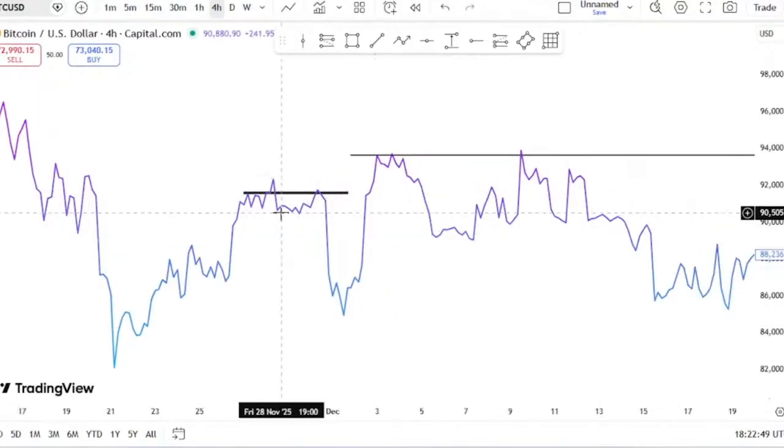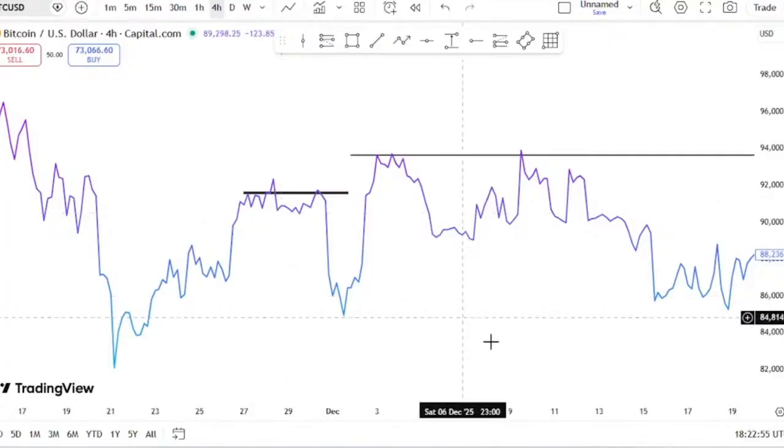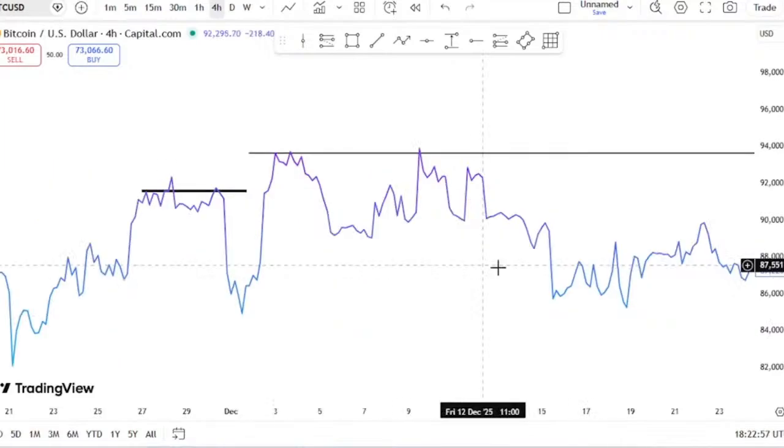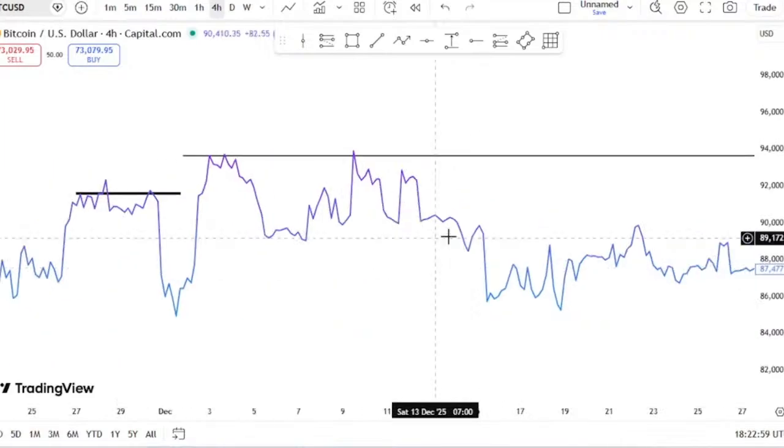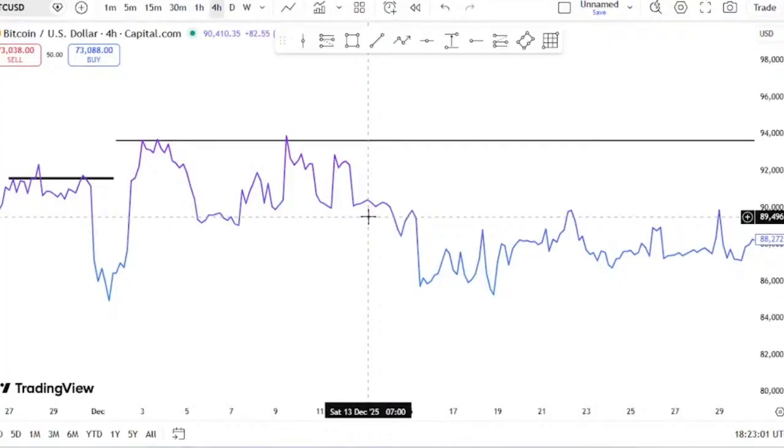So these are the key levels you want price to react from before you take your trade. Yes, these and many more are what is being taught in the mentorship. And the mentorship is still open.